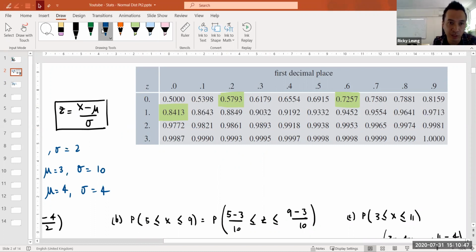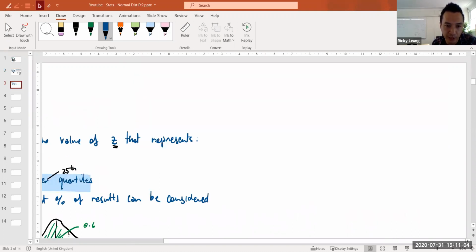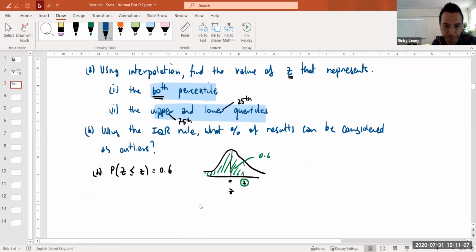So I'm going to use what they call interpolation. I'm going to find the closest ones, that guy there and that guy there. So I know that the value of Z that I want is going to be between 0.2 and 0.3, because 0.6 is in between there. I'm going to teach you how to do this by interpolation.